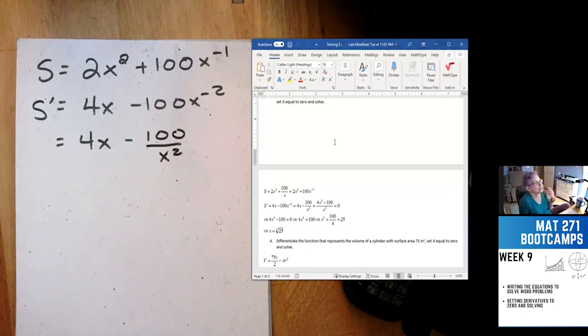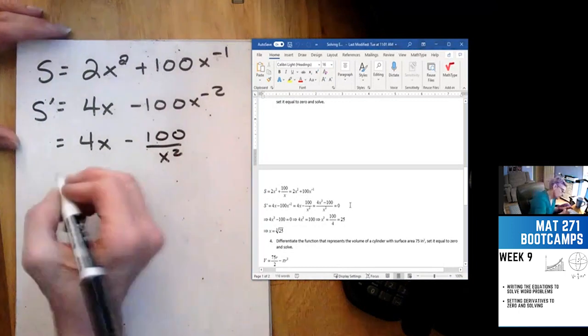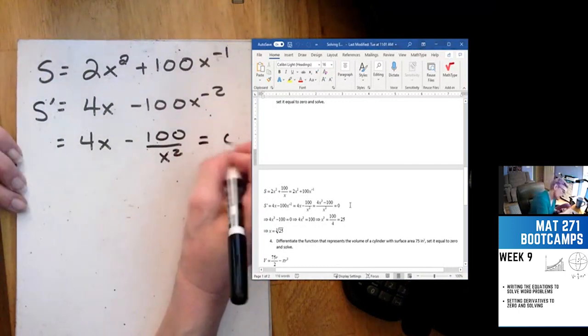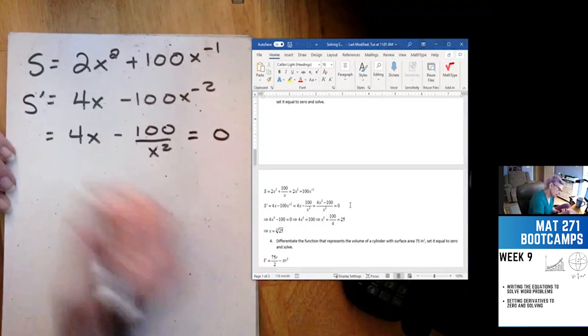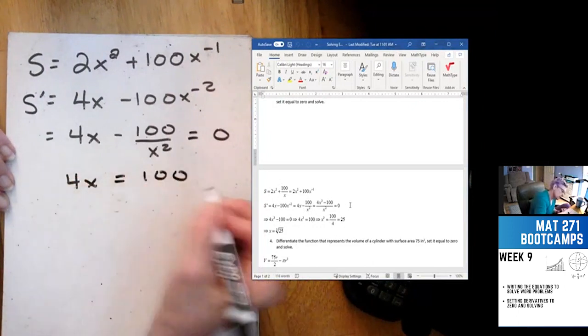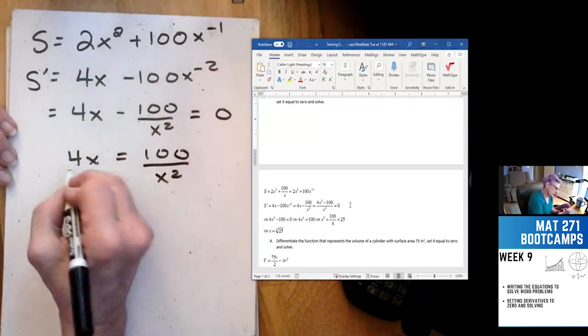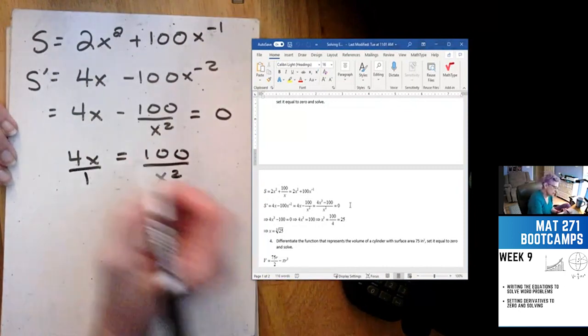So you can do the same cross multiplying trick here that we did before. You can make it into one handy dandy unit like I did there, or you can just say this has to be equal to 0. So 4x has to be equal to 100 over x squared. Same thing as 4x over 1.